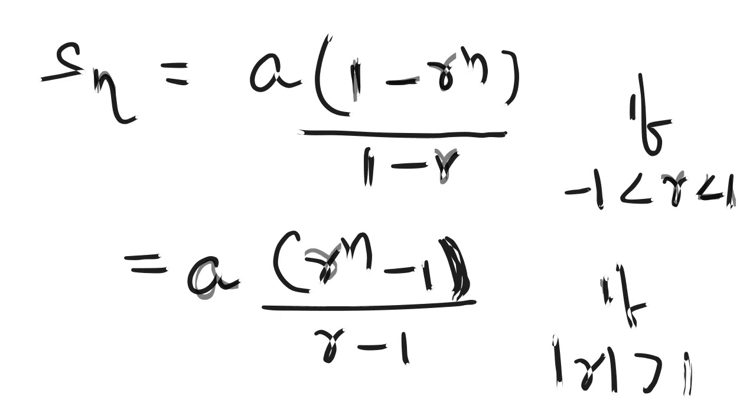You can use either formula at any time, but generally, if a fraction is given, 1 minus r is better, and if r is more than 1 or less than minus 1, use the other. In case r is exactly 1, you can't apply this formula; the sum is directly n times a.